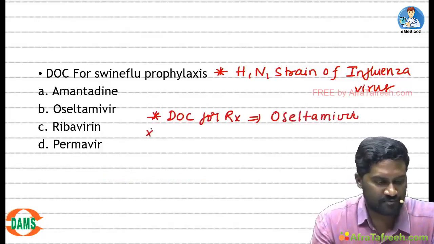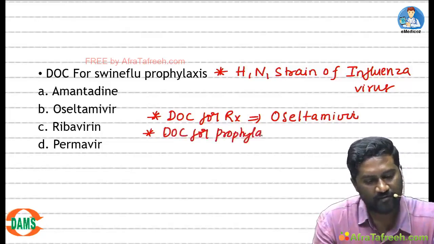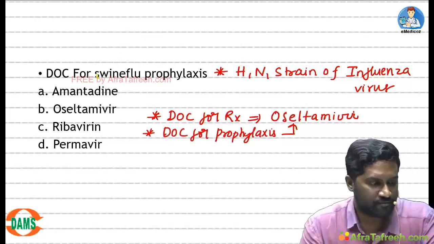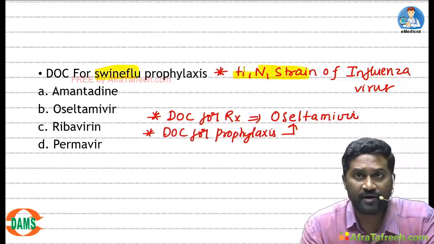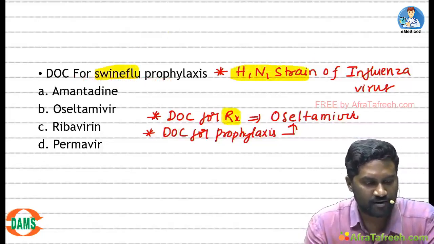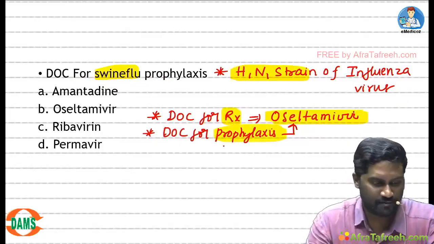And exposed individuals are also given prophylaxis. Drug of choice for prophylaxis again is oseltamivir. Very important, swine flu. It is caused by H1N1 strain of influenza virus. For treatment, it is oseltamivir. For prophylaxis, it is again oseltamivir.